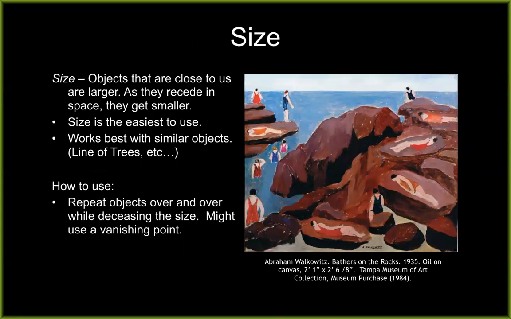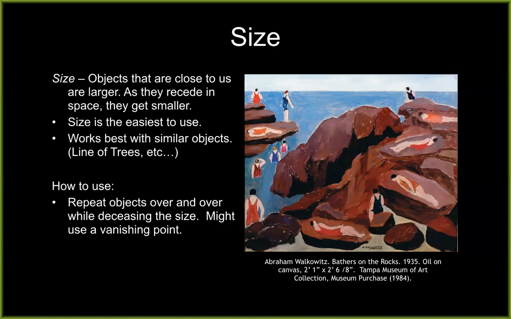So we just instinctively read large objects as being closer to us because we know that when we look out onto the world, as things get farther away from us, they tend to look smaller. So size is the easiest thing to use to establish a sense of space in your composition.